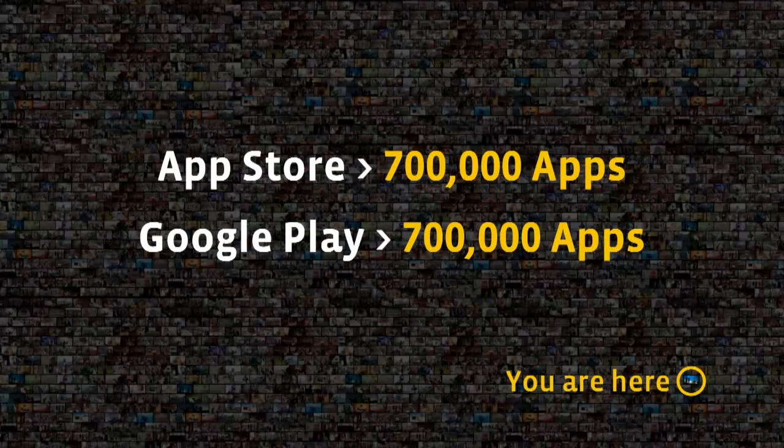How do you get found in this app cosmos that has more than 700,000 applications in each of the stores? In fact, interestingly, we were trying to determine the exact number of applications that were in the store yesterday, and we couldn't decide if it was 1,800,000, et cetera. But once you reach 700,000, it doesn't matter if you add on another 100,000. You are still a pale blue dot in this app cosmos.